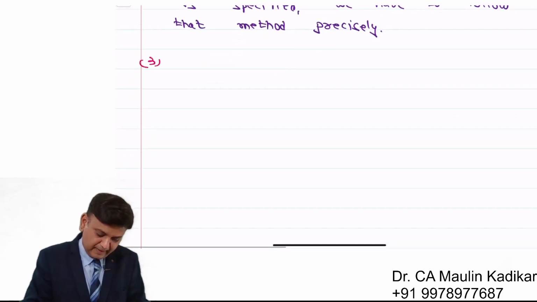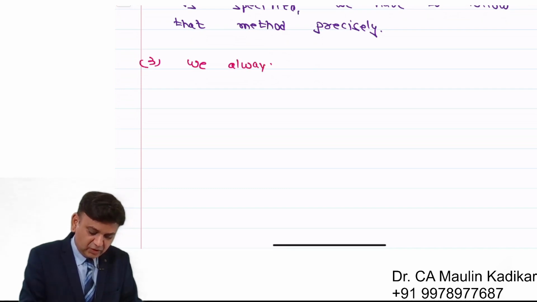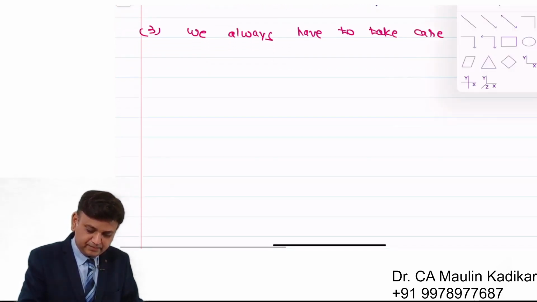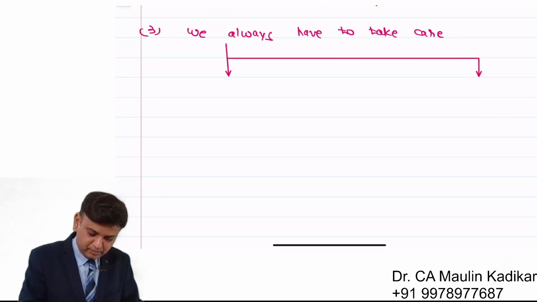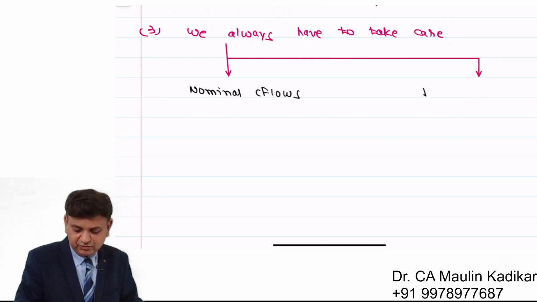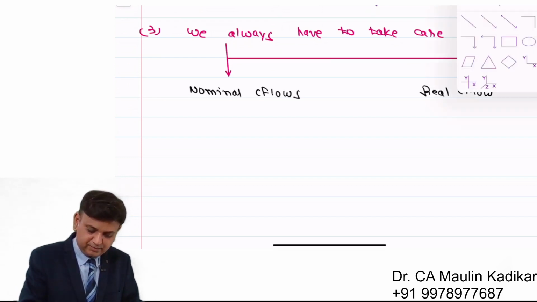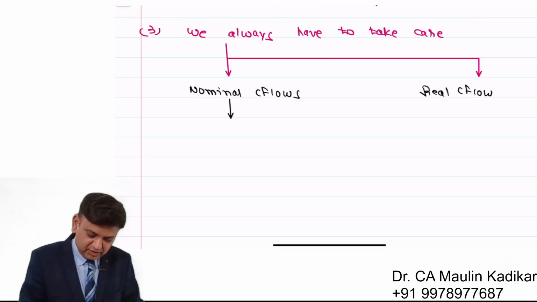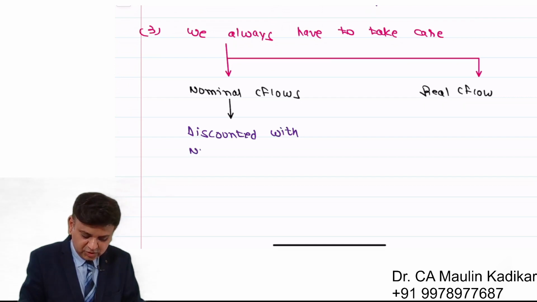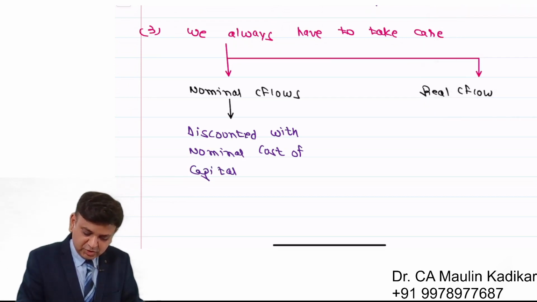Third point, we always have to take care: nominal cash flows are discounted with nominal cost of capital, real cash flows are discounted with real cost of capital.